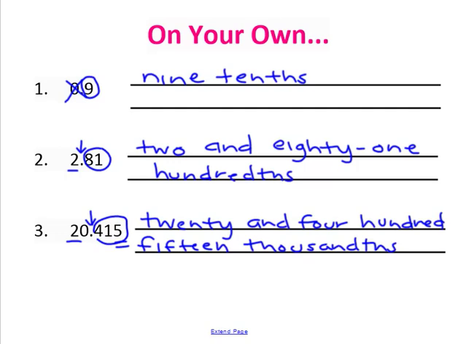All right, so let's go over these. Hit pause if you're not done and you need more time. So here the whole number is 2. So 2 and, then we have 81, put the hyphen between the 81, and then the last place value here is hundredths. Then number 3, we have 20, so I put 20, then your decimal, and then you have 415 thousandths. Okay?